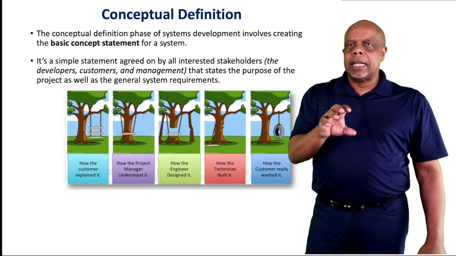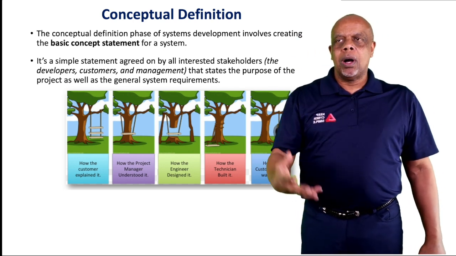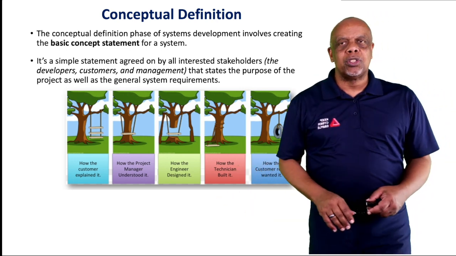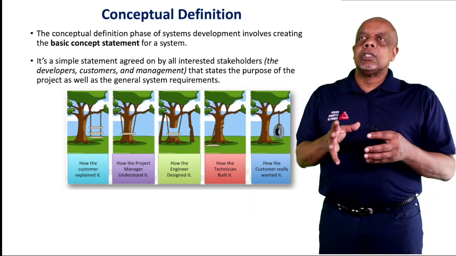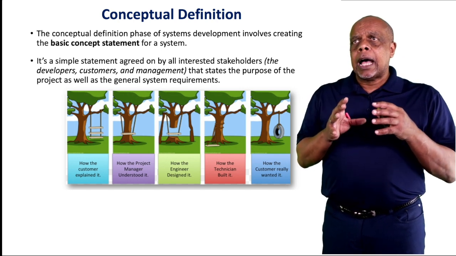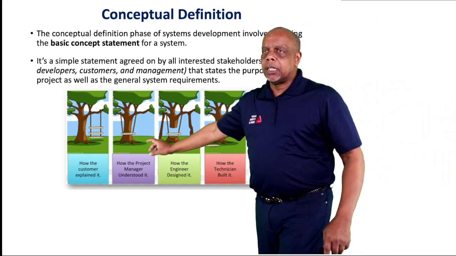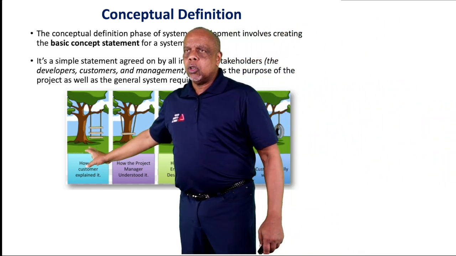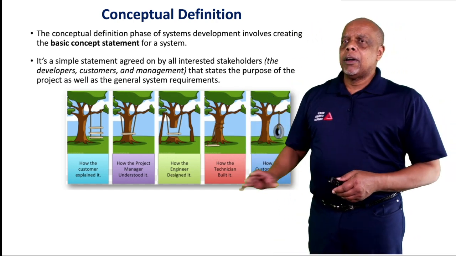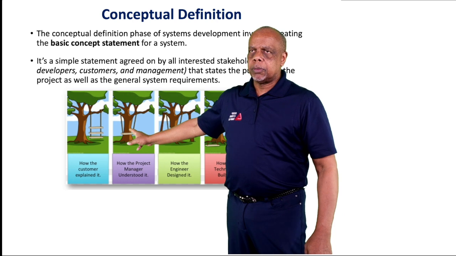This is really at the beginning, defining what it is that we want. I'm sure we've all seen different variations of the swing and the tree. This is very important to concept definition. This is how the customer explained it: they wanted an Uber swing set in their mind. However, the project manager got it and this is what he thought the customer said.